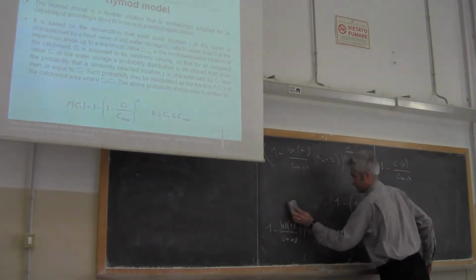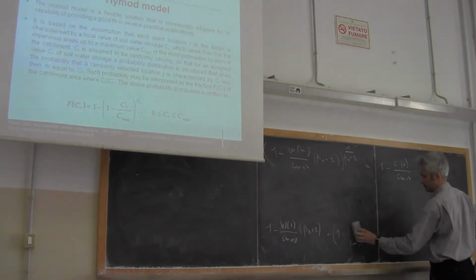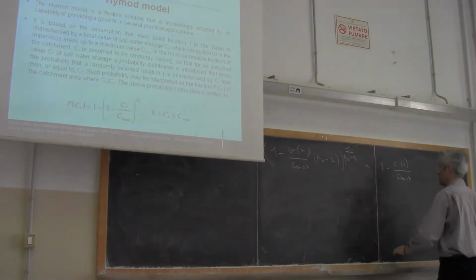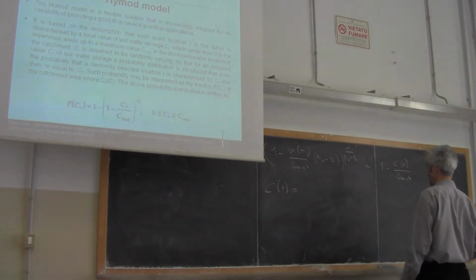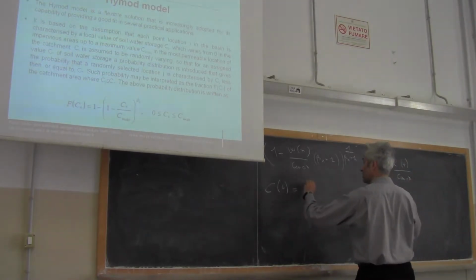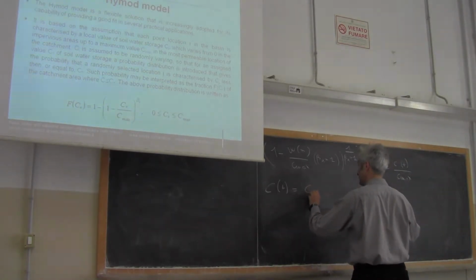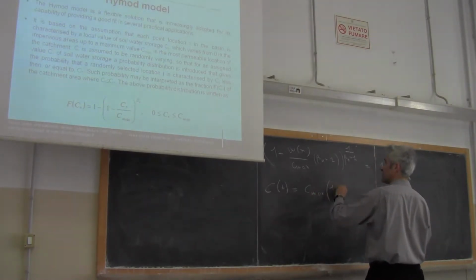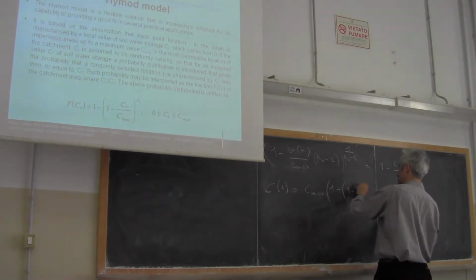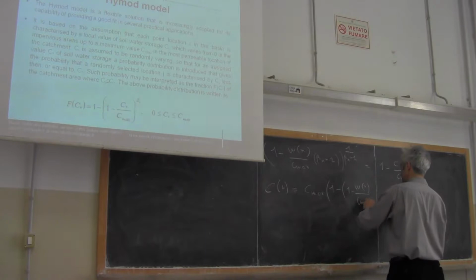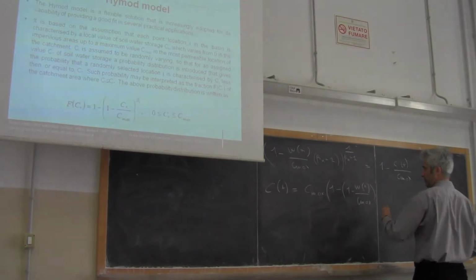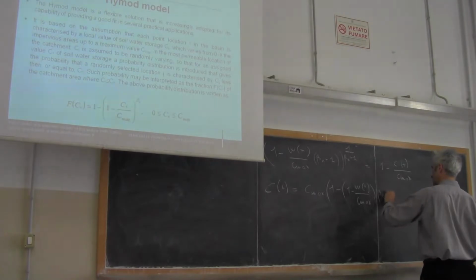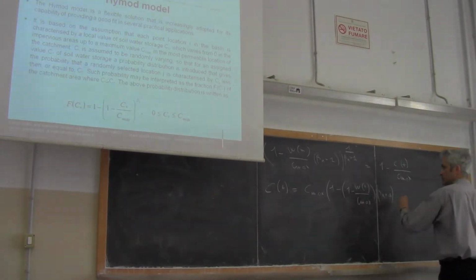Let me delete here. We can write Ct is equal to Cmax, which multiplies 1 minus Wt divided by Cmax times beta k plus 1, to the power of 1 divided by beta k plus 1.